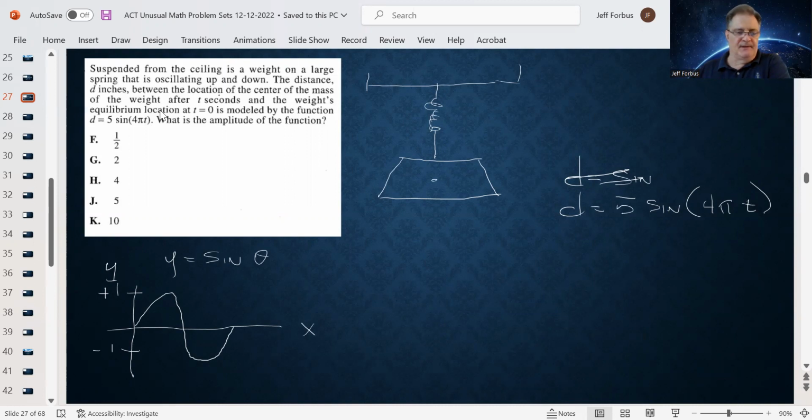Now, in this particular situation, we have 5 times the sine. Think of it like this. Let's say we have this graph of x squared.